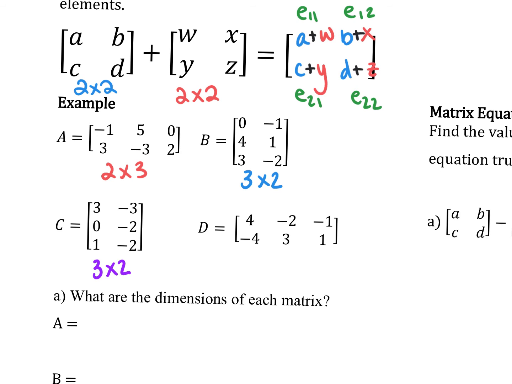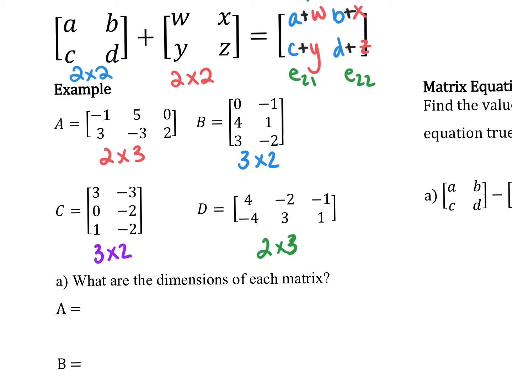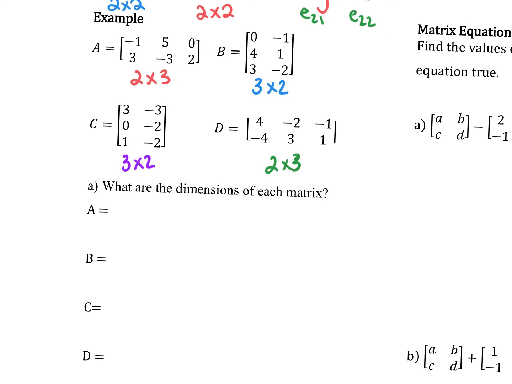And D is a 2 by 3. Anytime you start doing operations on matrices, you should always identify your dimensions. Oh, I didn't see that. 3 by 2, 2 by 3, my fault.